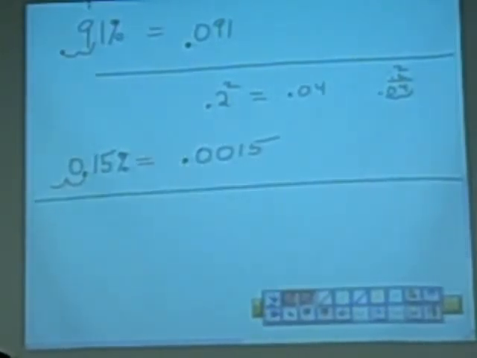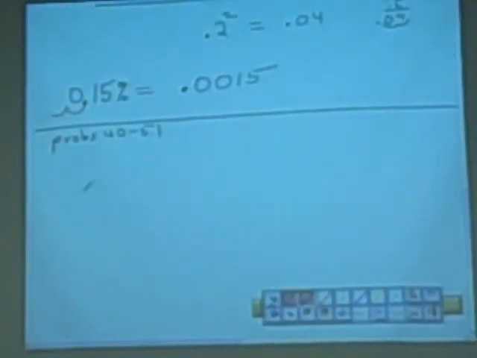Okay. Problems 40 through 51. Here, that's on the next page, write a fraction or a decimal as a percent. So now, we're starting off as a decimal.